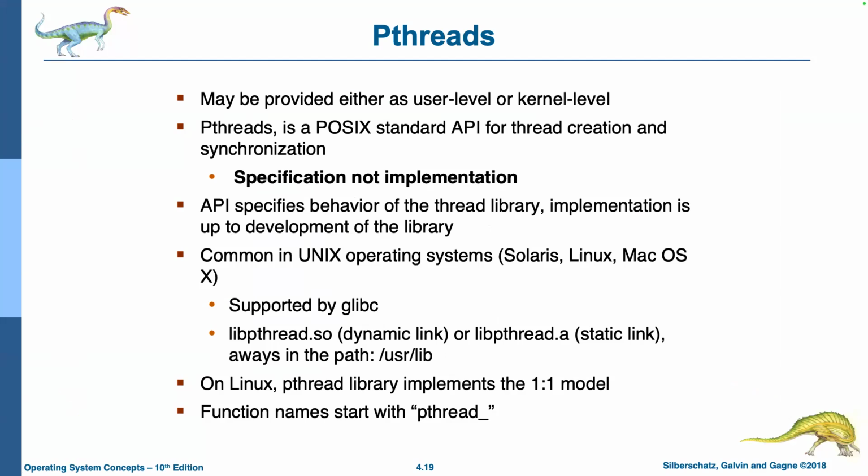So .so is the file extension for a dynamic link library on Linux. We'll say .a is a static link. So in Linux, we use different extension names to tell whether it's a dynamic link or static link.